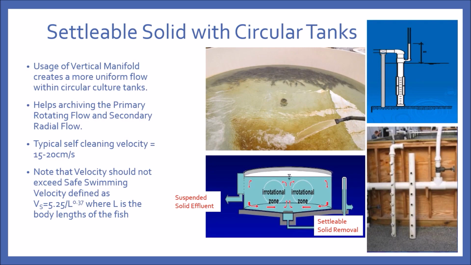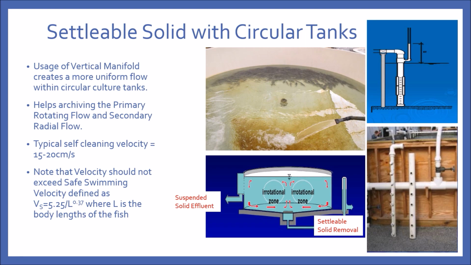There are several technologies to introduce water into the tanks. In the industry, it is common, like the picture on the left, to introduce water simply by an overlying pipe. However, this is not the optimum way to ensure that you have a primary rotating flow.